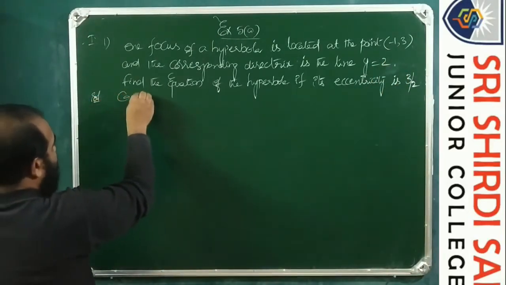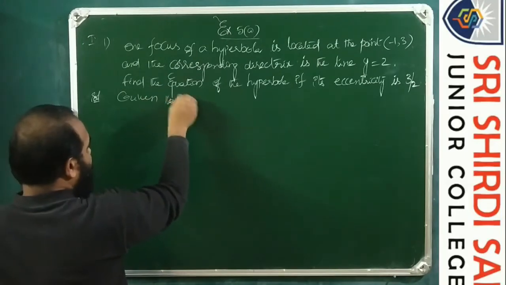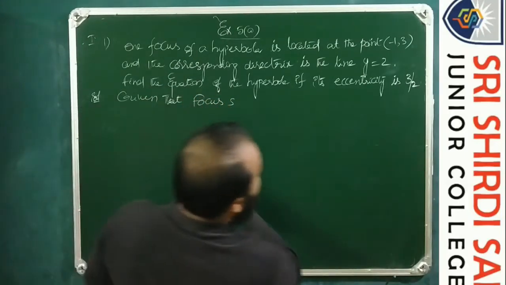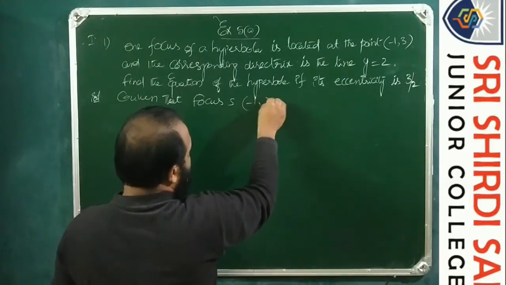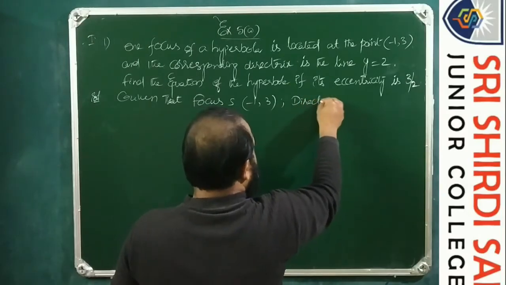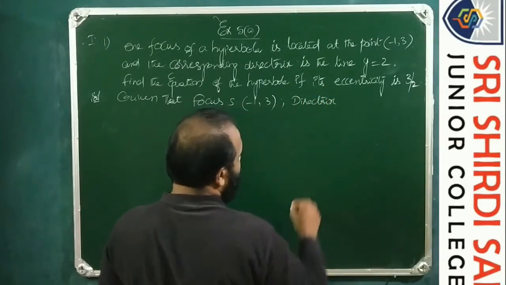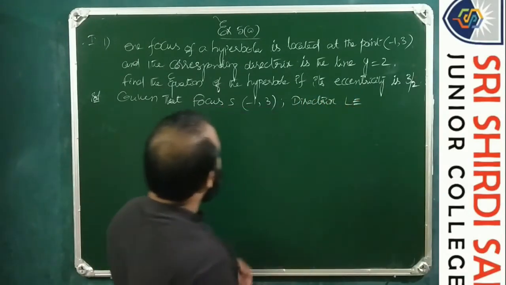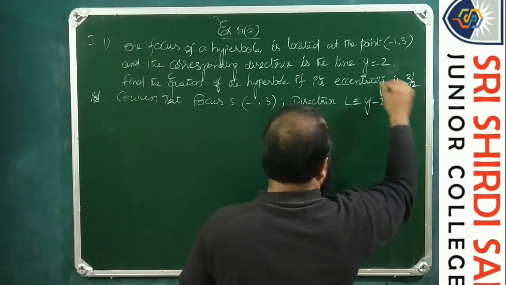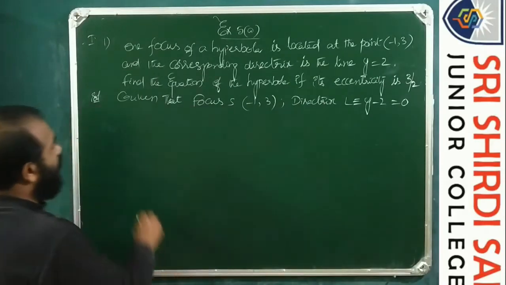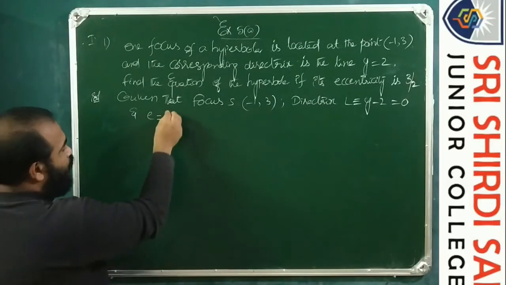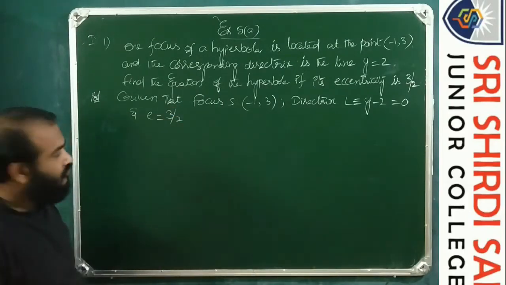So given that focus S is (-1, 3), directrix L is y equals 2 or y minus 2 equals 0, and eccentricity e is equal to 3 by 2.